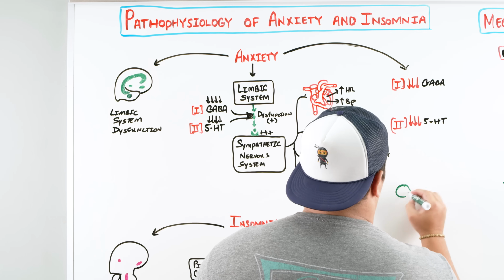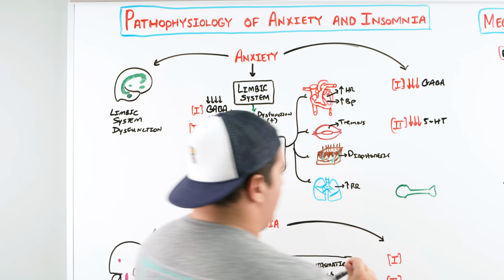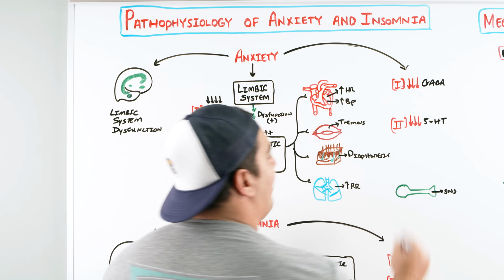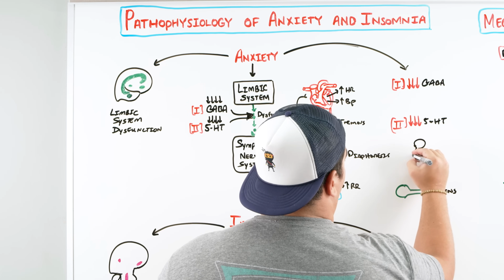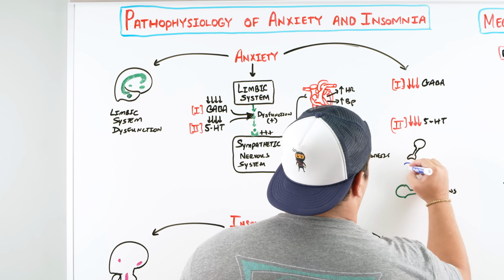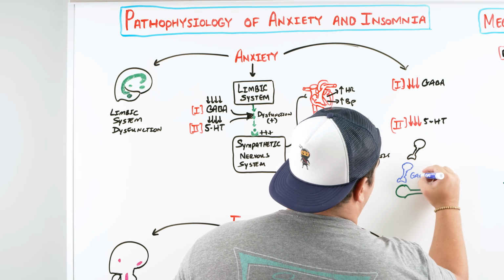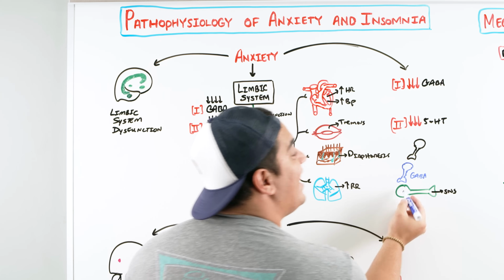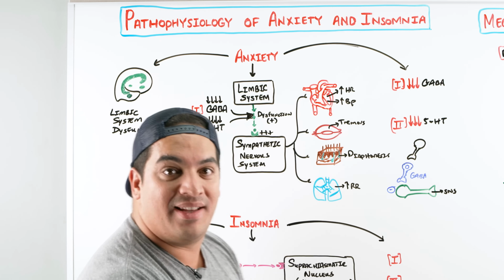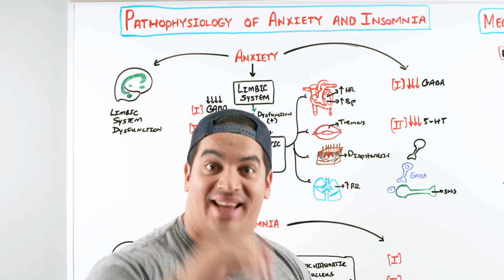Here's a neuron of the limbic system, and it signals to your sympathetic nervous system. We have serotonin neurons, and we have neurons called GABAergic neurons. What happens is this one releases GABA. GABA is an inhibitory neurotransmitter, so it's supposed to inhibit this limbic system neuron, which would inhibit it from causing a lot of sympathetic cascade.